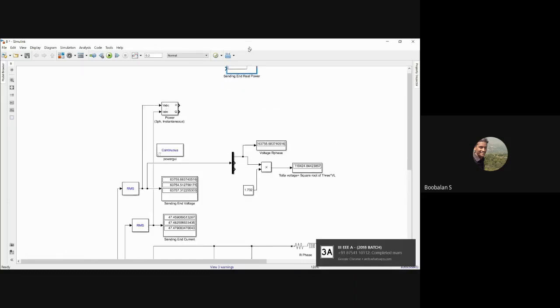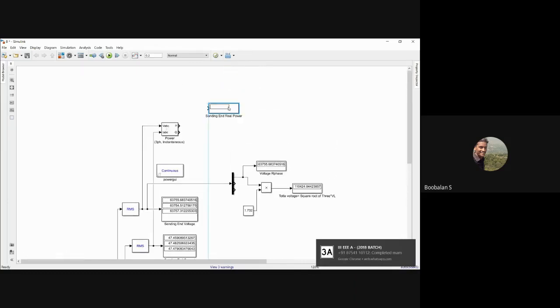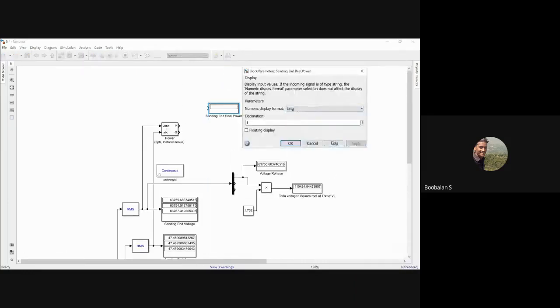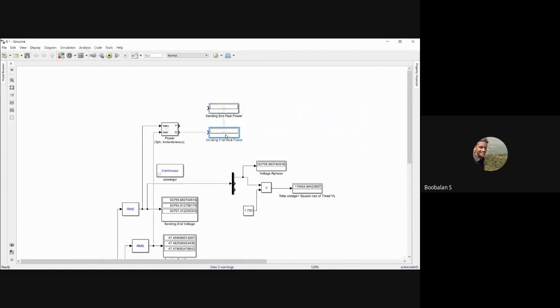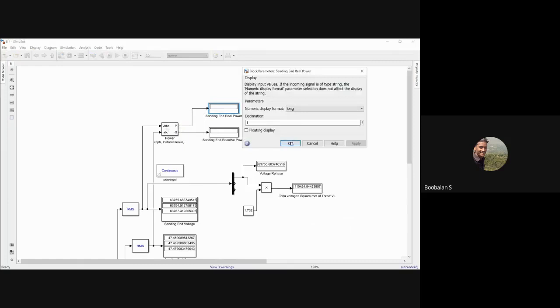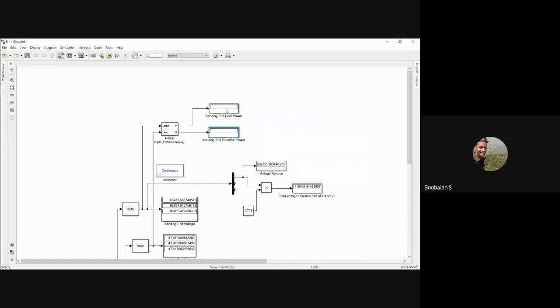So two more displays are needed. Use Long format, and one more display, sending end reactive power, Q. So Q is the reactive power, right? For reactive power and real power, just use Long.